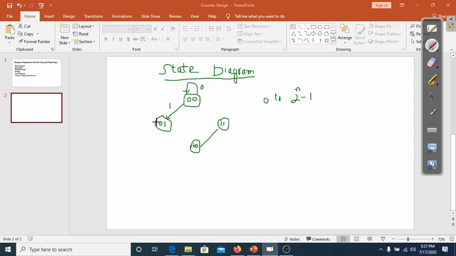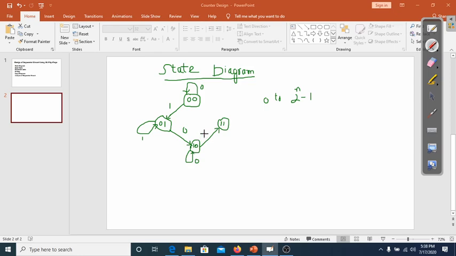Now the present state is 0 1. The next state would be 0 1 when the input is 1. When the input is 0, the next state would be 1 0. Further, if the present state is 1 0, then for input 0, the next state would be the same state.